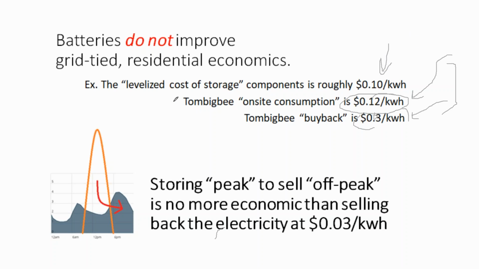So even if I have a time of use rate of 9 cents between peak and off peak, if it costs me 10 cents to use the battery, I'm actually losing money by day trading my electricity.